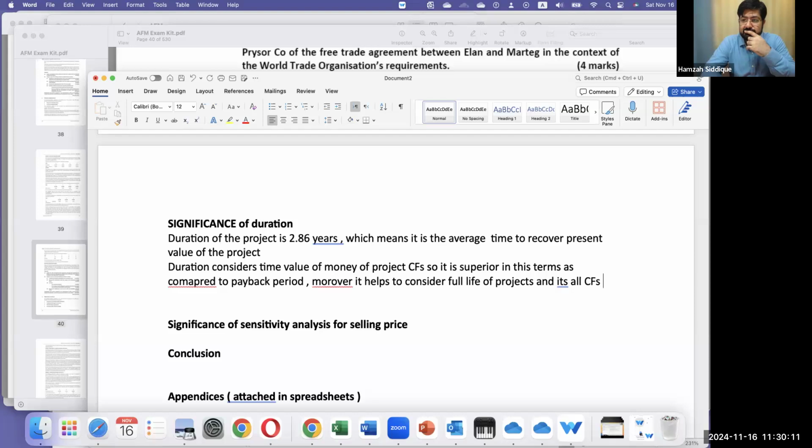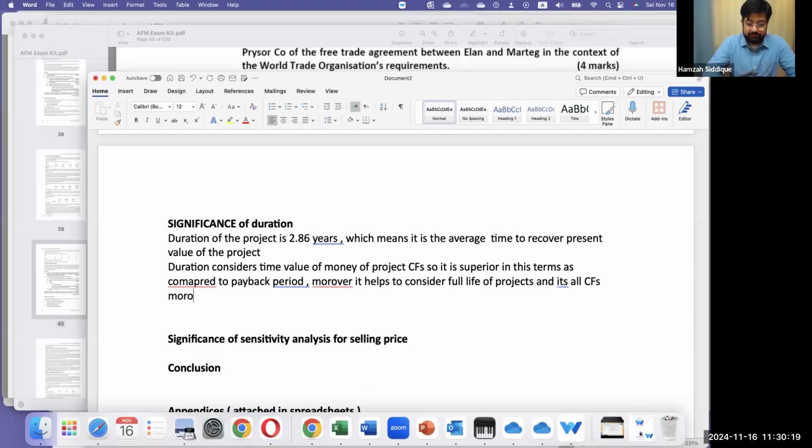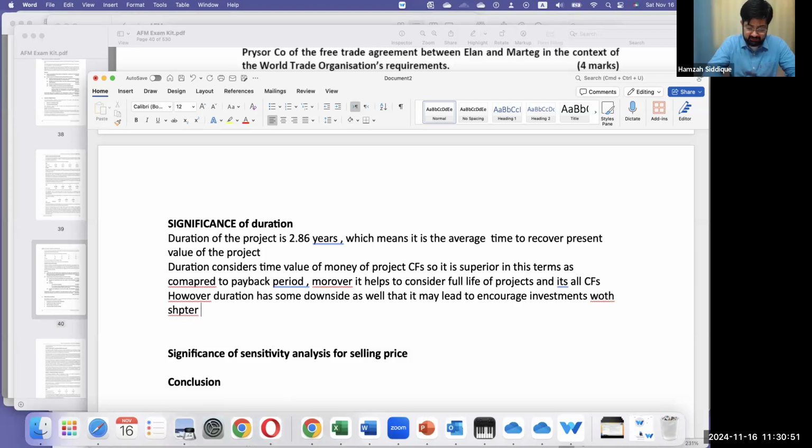Now, to students, moreover, duration has some downside as well, that it may lead to encourage investments with shorter duration and the company's business may lose the long-term focus.